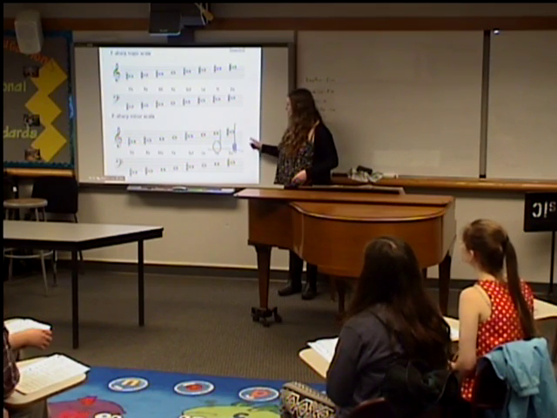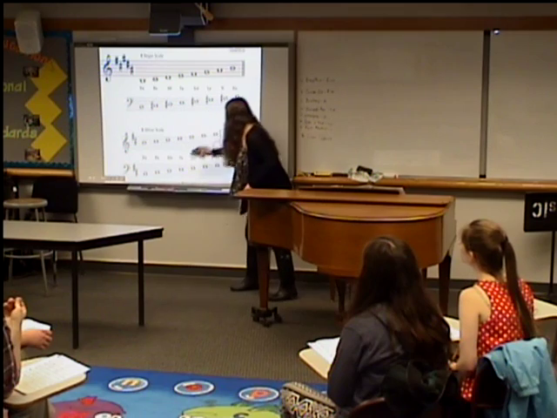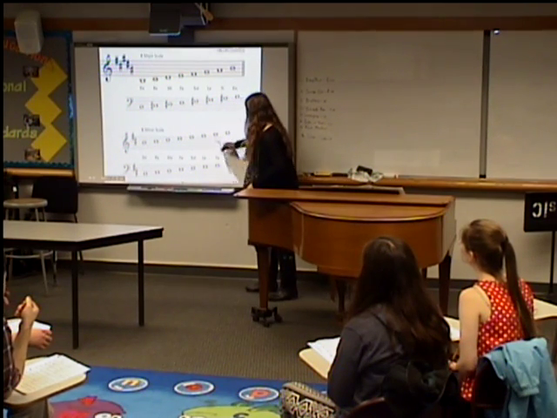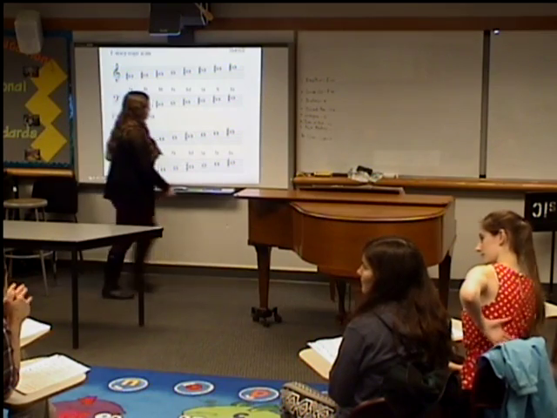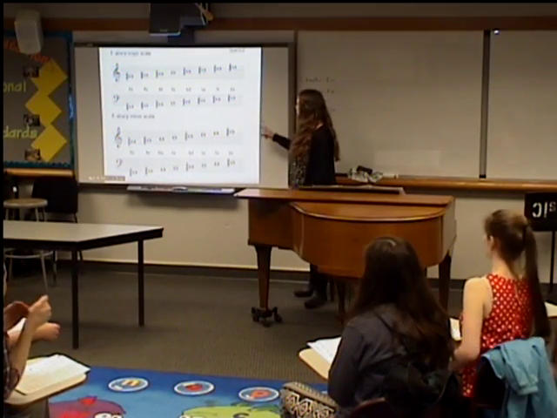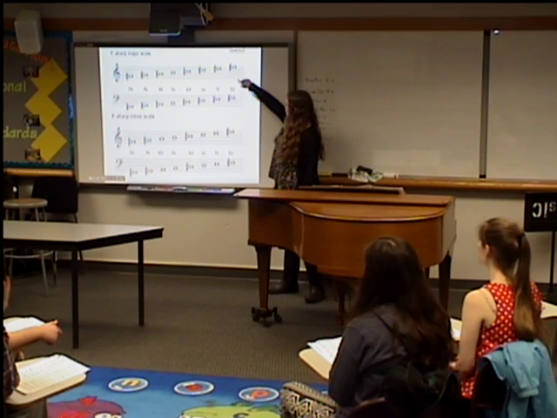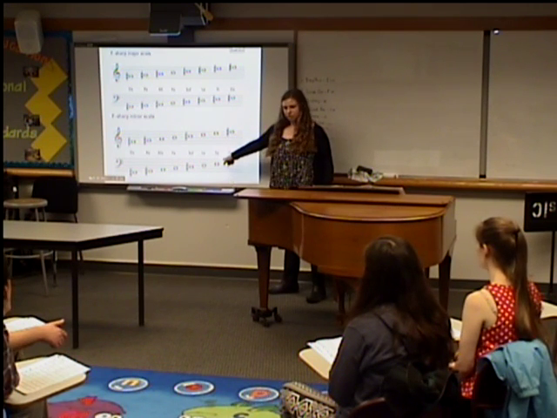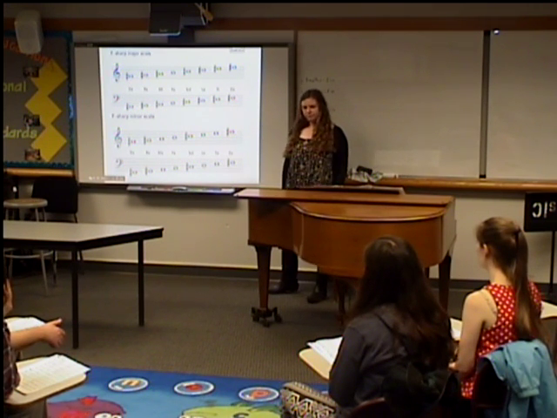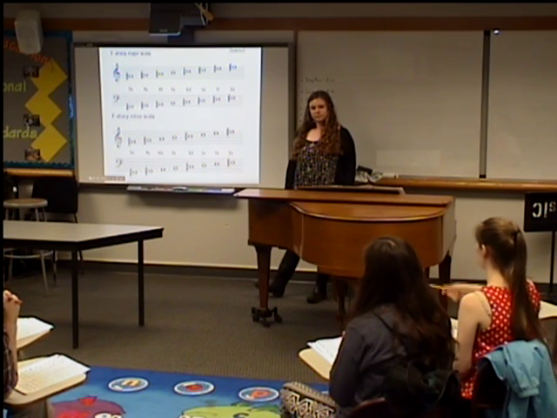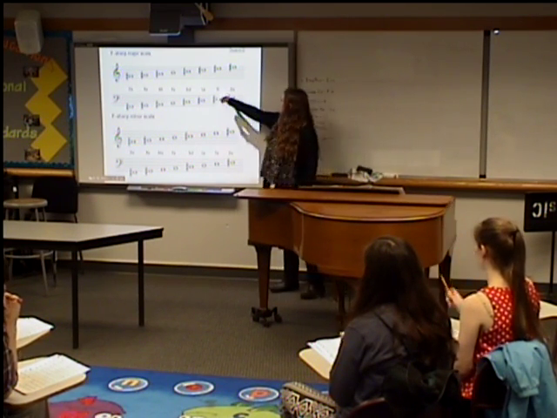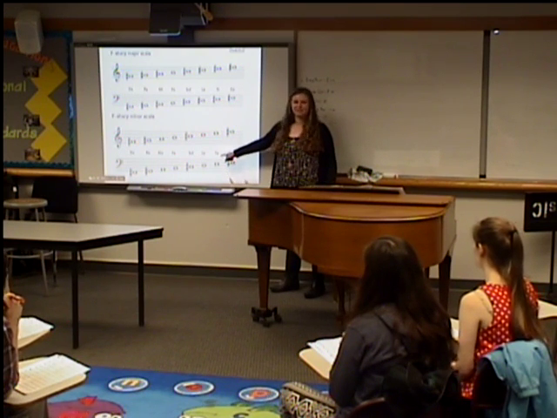If we're looking at minor, can someone tell me a solfege syllable that's different from major to minor? Laura? The ti. Yep, so we have ti up here, and down here we have te.